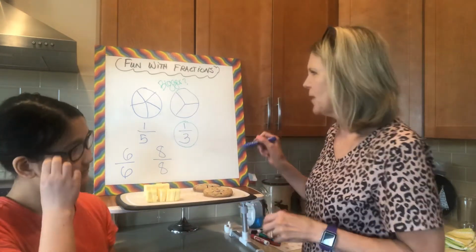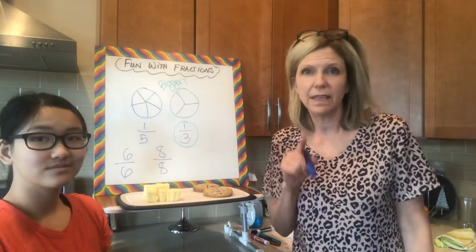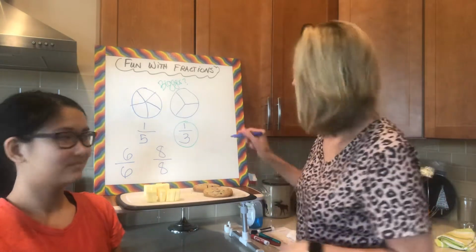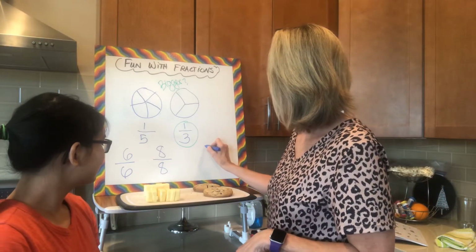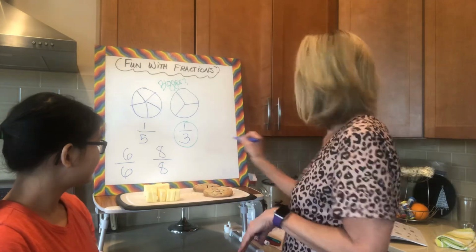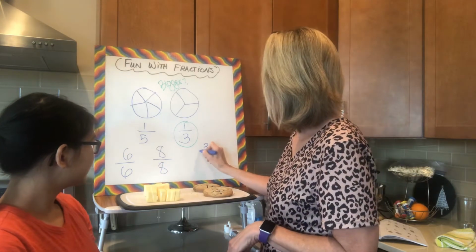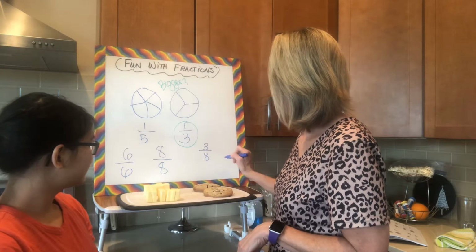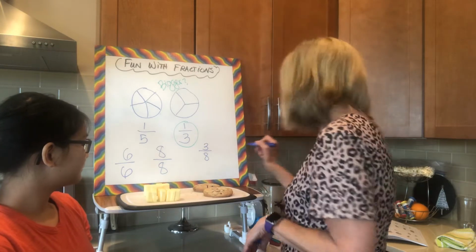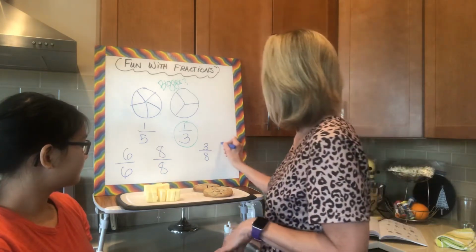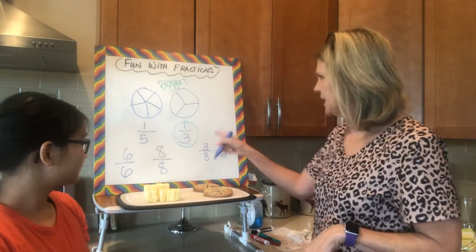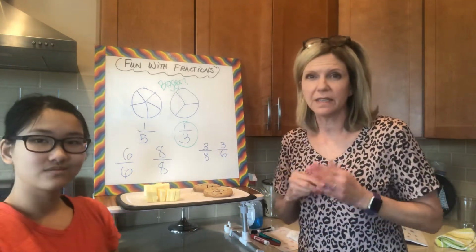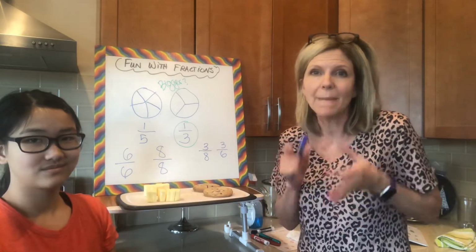Okay, now I'm going to give you a fraction, and I'm going to have you guys think about which one is bigger, okay? Let's say I take 3 of my 8ths, and then I'm going to take 3 of my 6ths. Now think about that, class, and which one do you think is going to be the bigger amount?